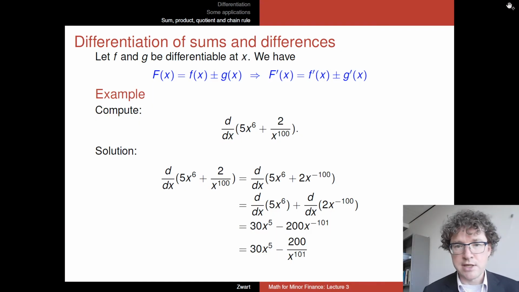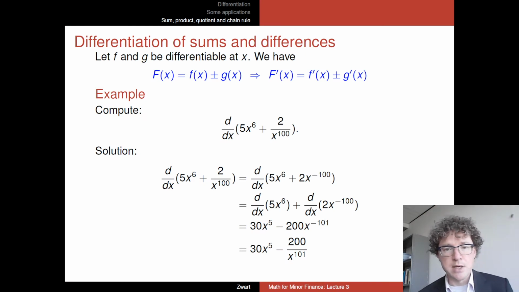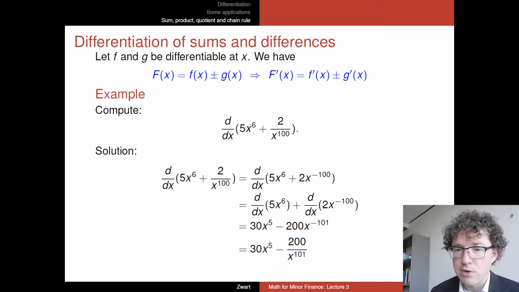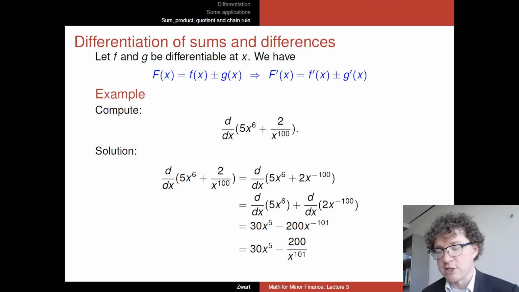So we can see that here again on the slide. Here's the same step. We rewrote 2 divided by x to the power 100 as 2 times x to the power minus 100. Then we took those two derivatives, and indeed in the last line, compared to what I just wrote down, you see that x to the minus 101 is rewritten as 1 divided by x to the power 101, which is actually the same.